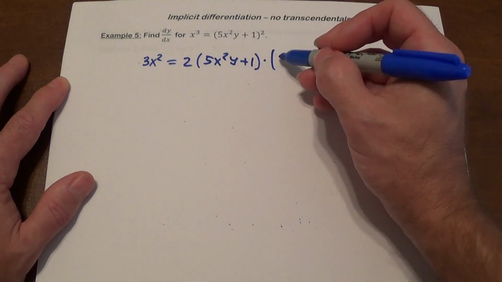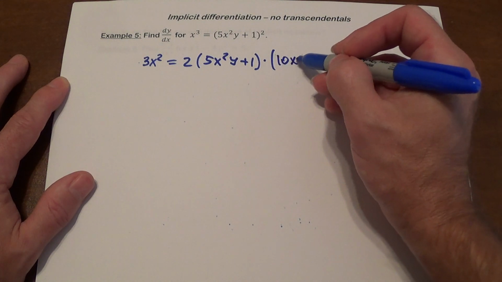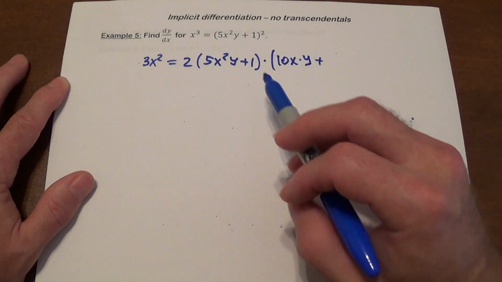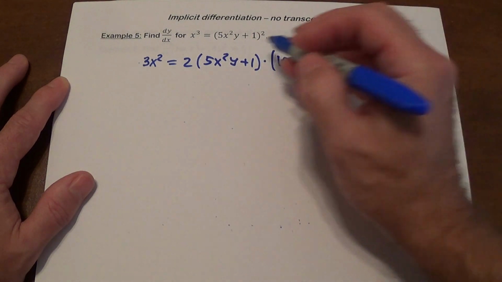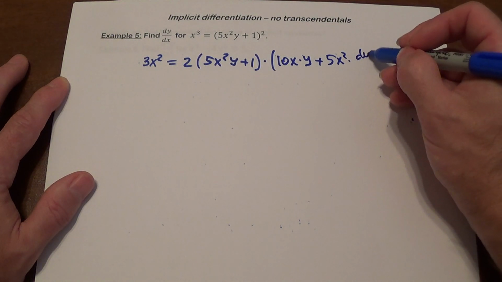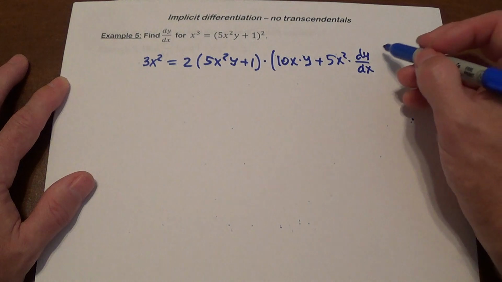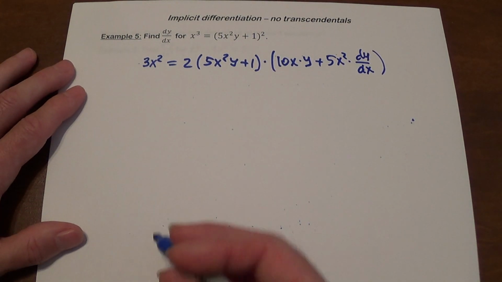We're going to get 5x squared. The derivative of 5x squared is 10x times y plus, we're using the product rule here, remember? 5x squared times the derivative of y, which is dy over dx. The derivative of 1 is going to be 0. So we are done here as far as that.